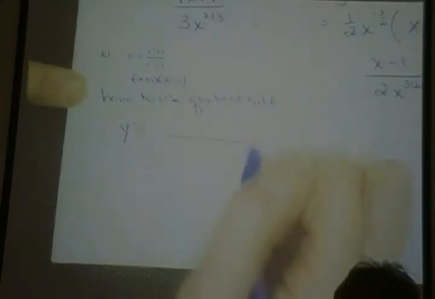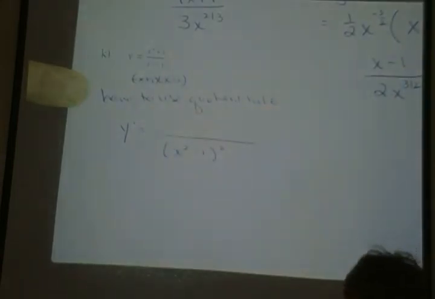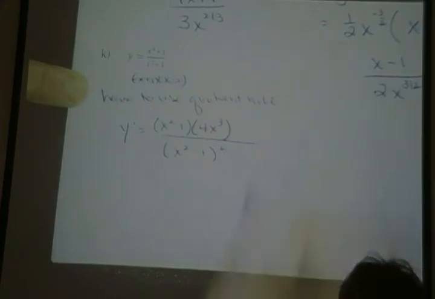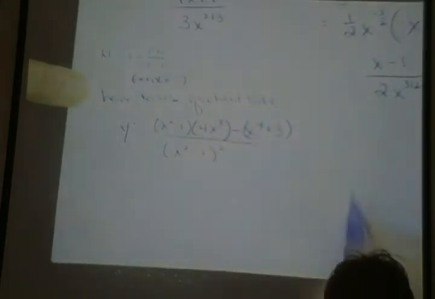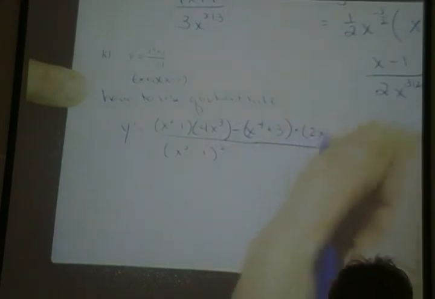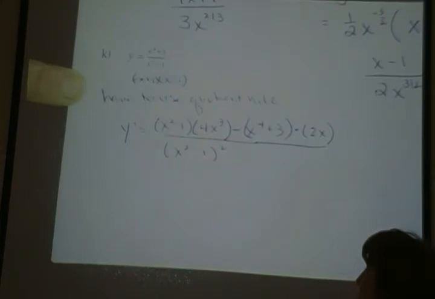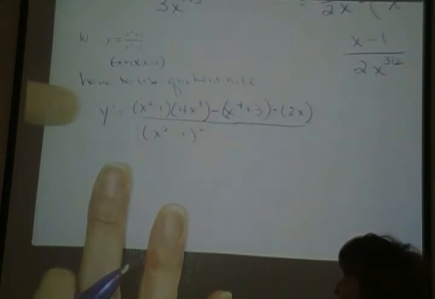But the quotient rule says square the denominator, start with the denominator, take the derivative of the numerator, which is 4x cubed, minus the numerator, x to the 4 plus 3, times the derivative of the denominator, which is 2x. And so I have to simplify that in order to have my derivative in a form that I'm going to be able to use.